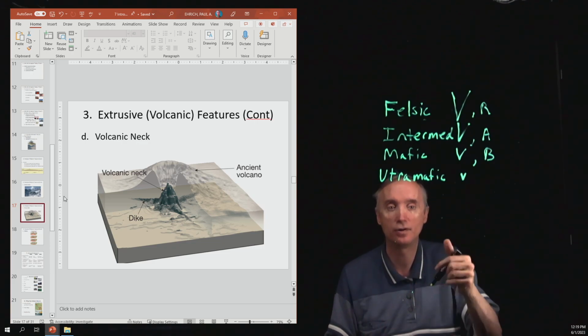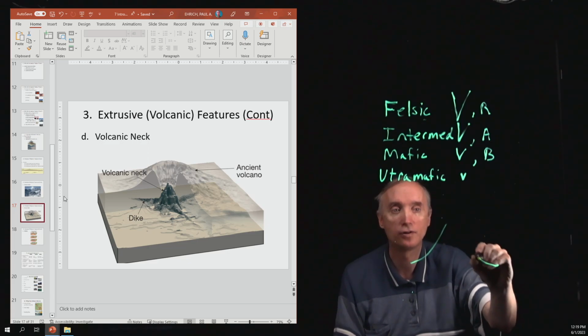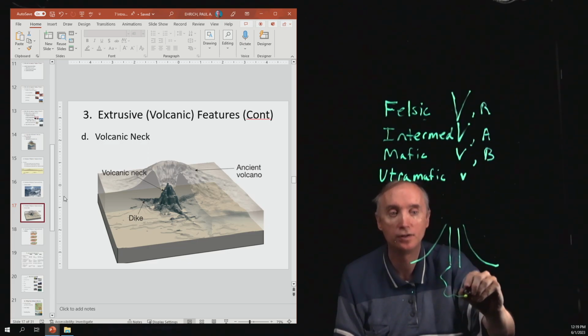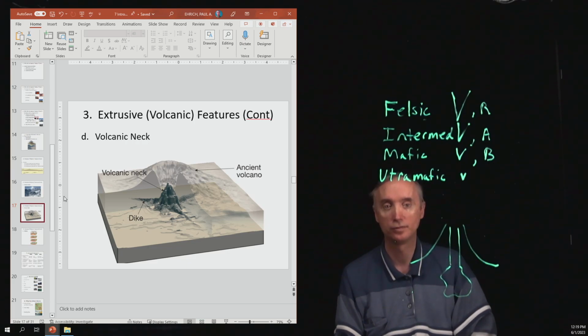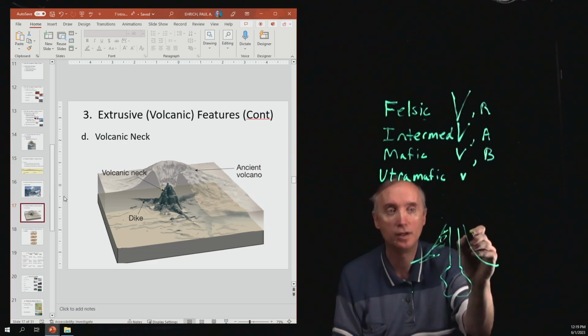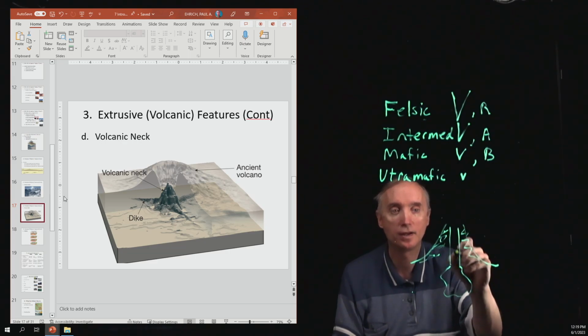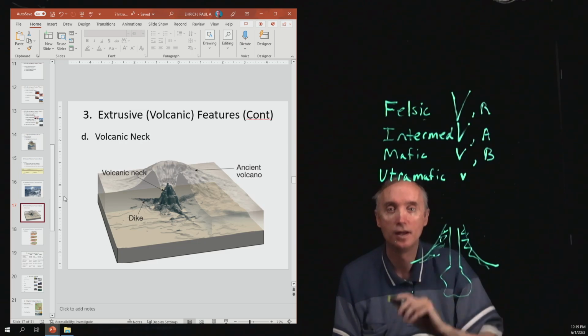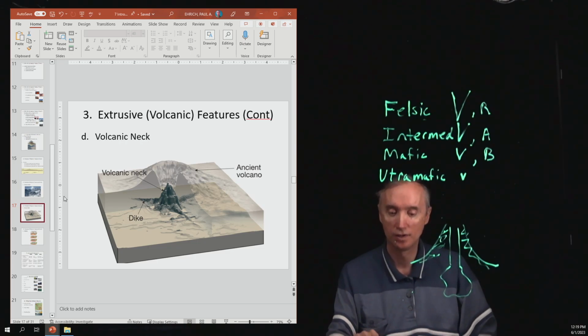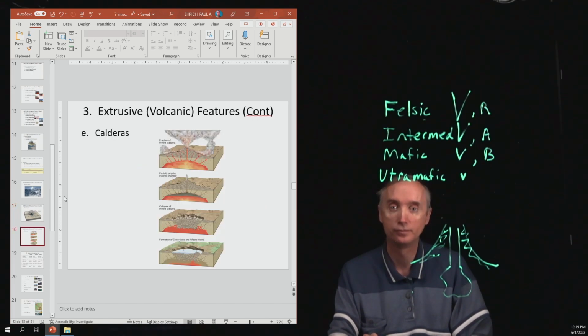Here is the volcano, and here's the pipe that went down into the magma chamber. All of this material can be eroded away, and it can leave this thing in the middle, and that's going to be called a volcanic neck. An example of this would be Devil's Tower in Wyoming.